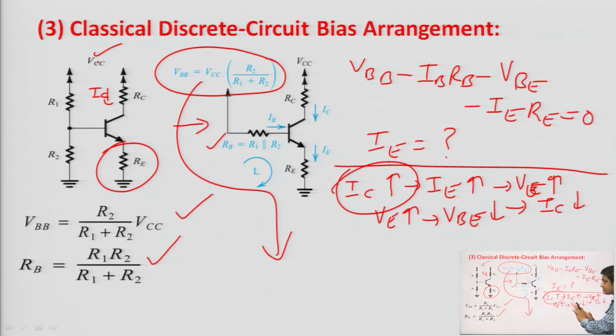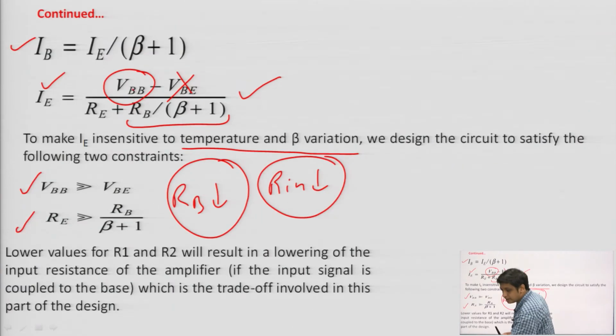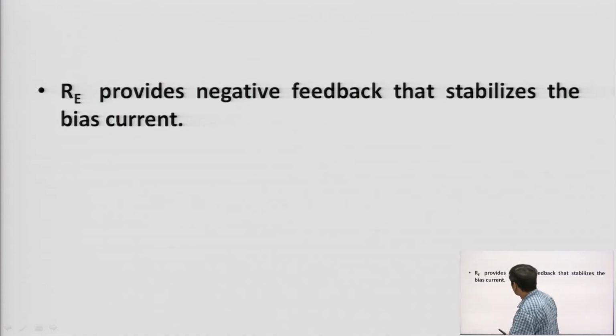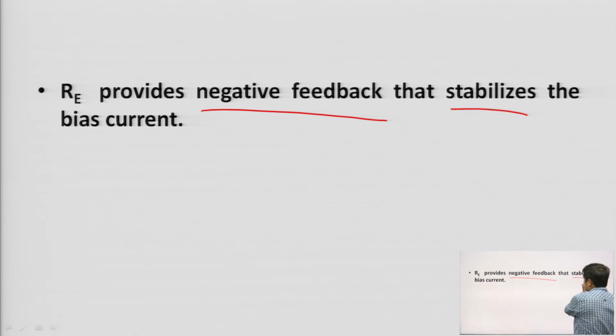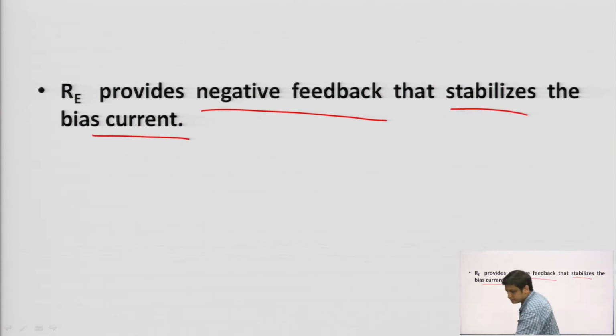It stabilizes your collector current. So if your collector current had increased, due to this emitter resistance RE your collector current is decreased also. That is the role of this resistance RE at the emitter terminal. So RE provides negative feedback, and due to this it stabilizes the bias current.